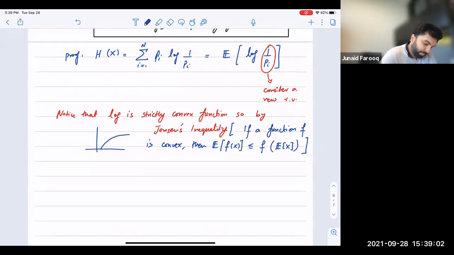Now, if you go look at this thing here, the log is a concave function.